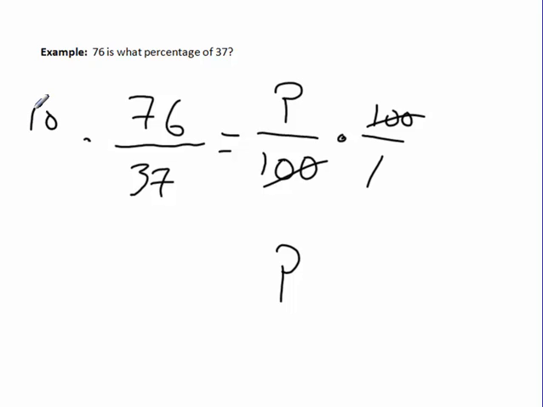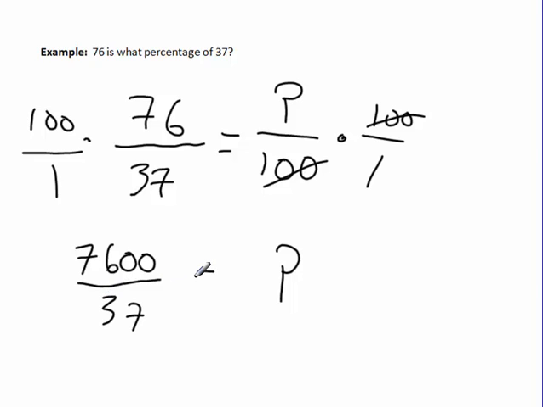Now 100 times 76, we can just add our zeros. So it's going to be 7,600 over 37, which will tell me what percentage that is.